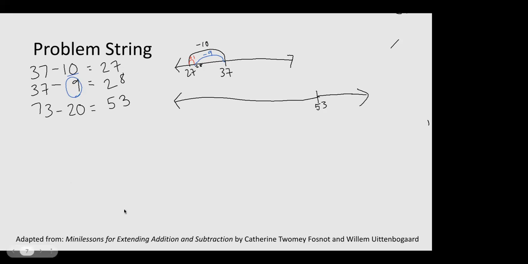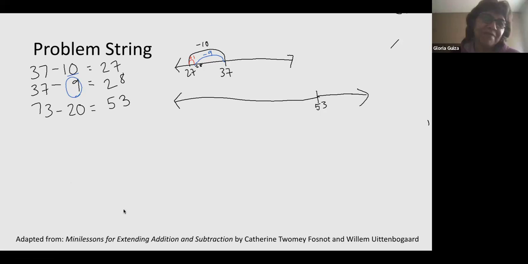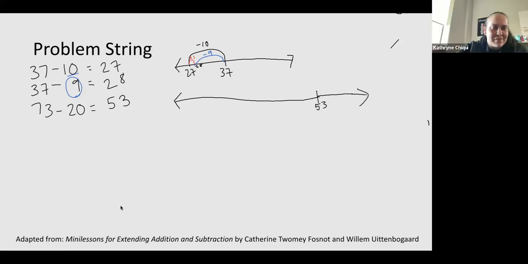It's okay. I think I'm going to open my camera. Okay, so I see lots of different ideas in here. Susan Clark says you're going to do 53 and you're going to count down by 10 twice.